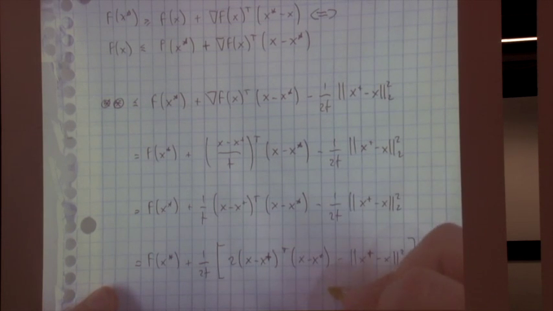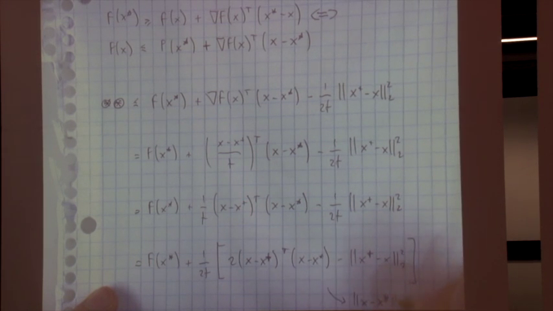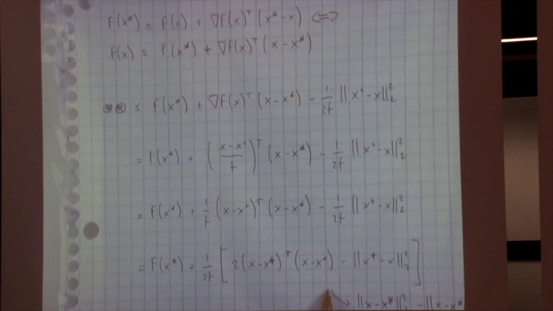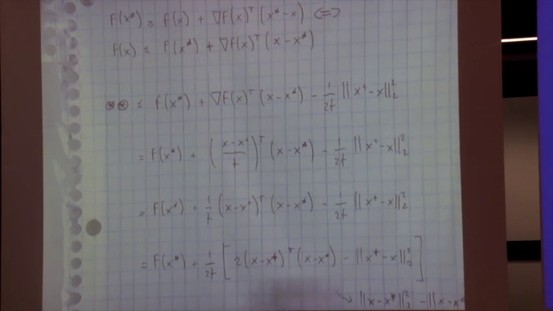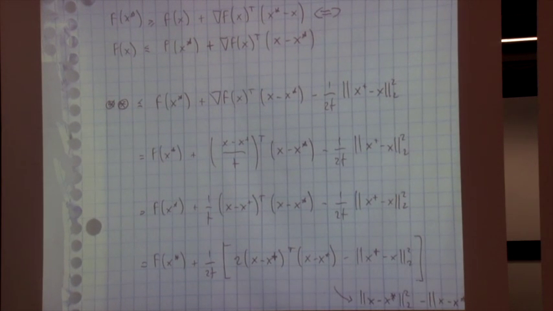So now I'm going just to add and subtract x minus x star squared minus x star squared in the square brackets. So that's going to give me the complete square.